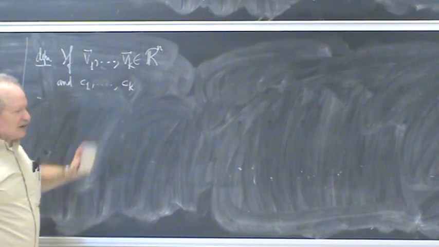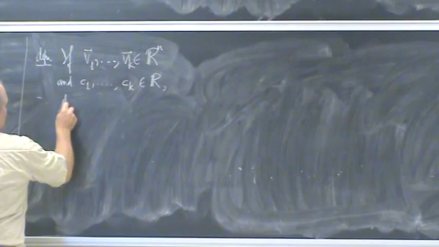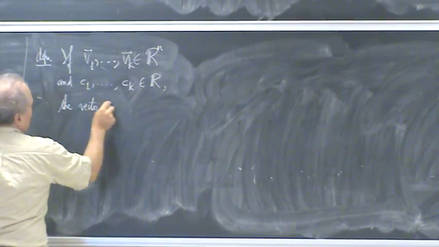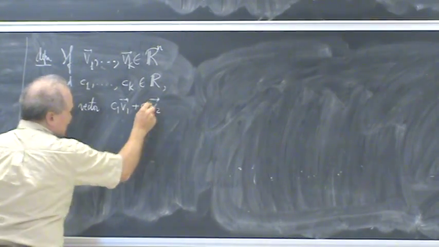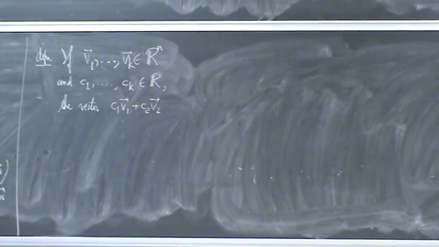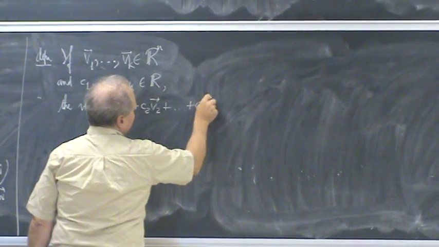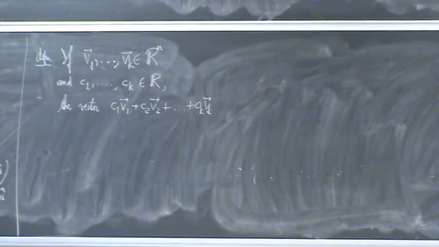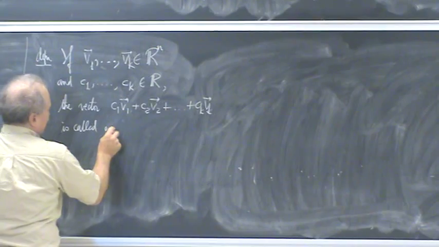Similarly with scalars, the vector that you get by scaling each v by its corresponding c and adding them all. Somebody used this word earlier. It is called a linear combination.